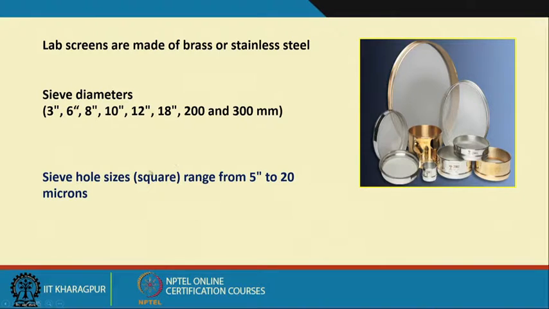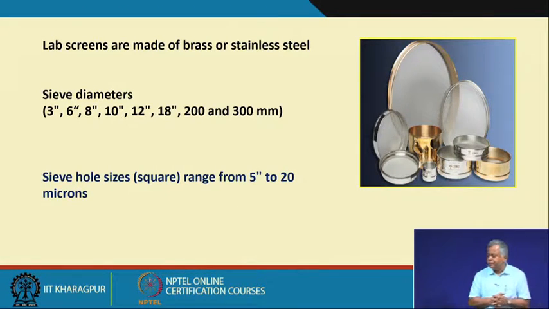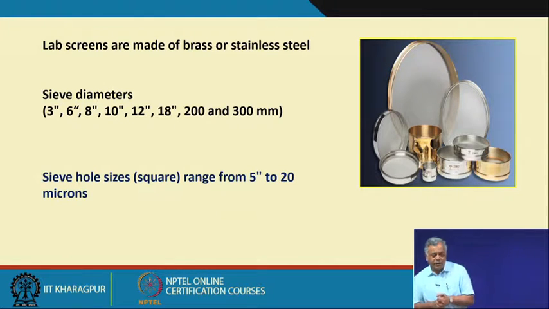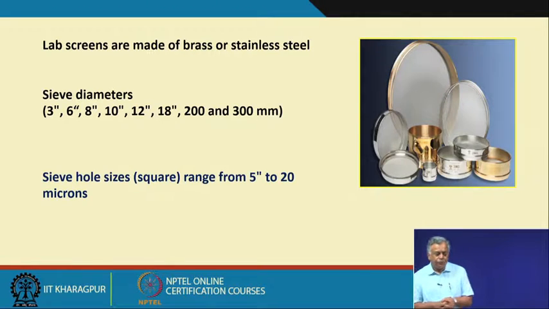Now, these sieve hole sizes could range from 5 inch to 20 micrometers. Although in literature it is mentioned that sieving is possible these days even below 5 micrometers, personally my experience tells me that we should not use sieving below 40 micrometers. The results are many times not reproducible.